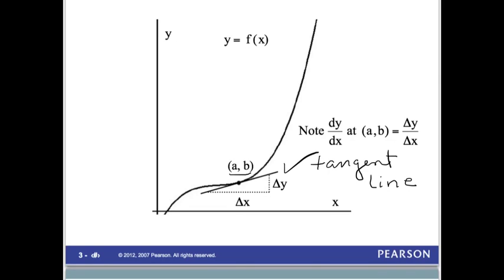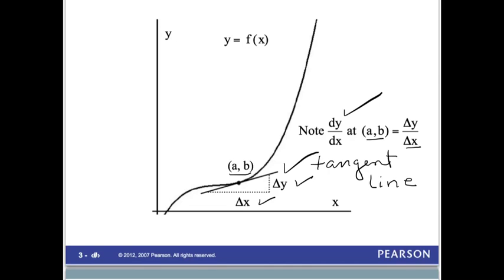And as you know, if you draw this line and then look at the rise over the run, which would be the change in y divided by the change in x, that would be dy dx at the point A and B. It's equal to delta y divided by delta x.